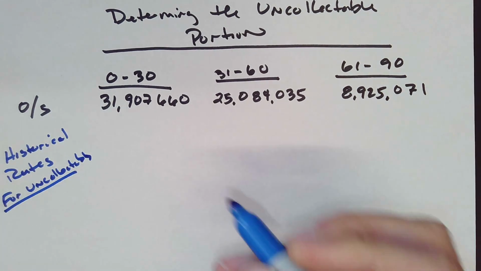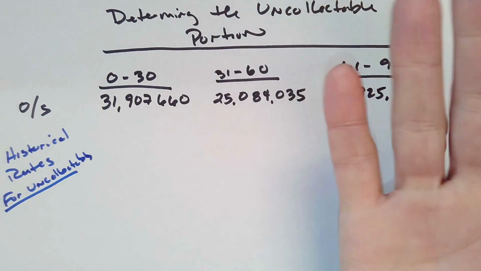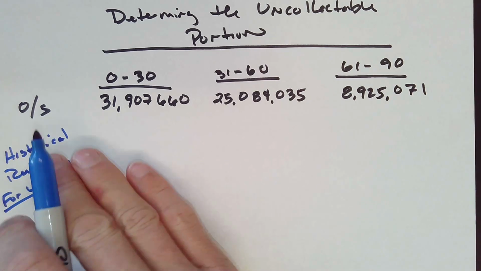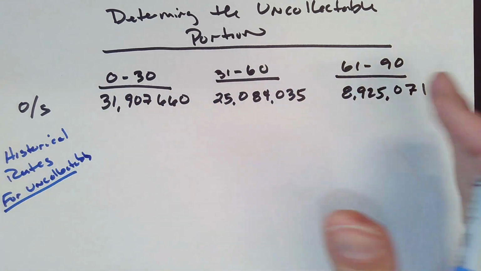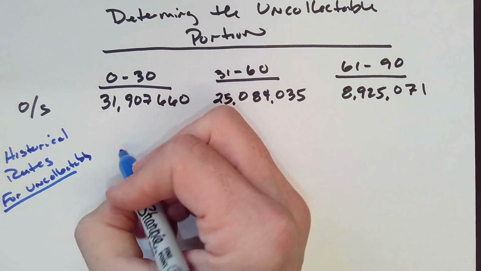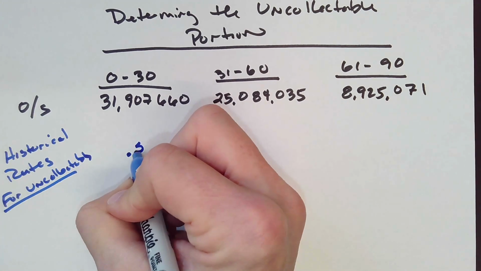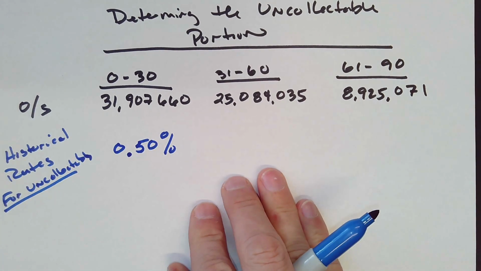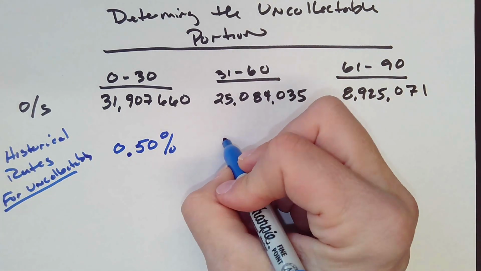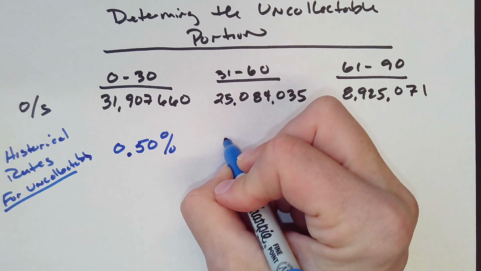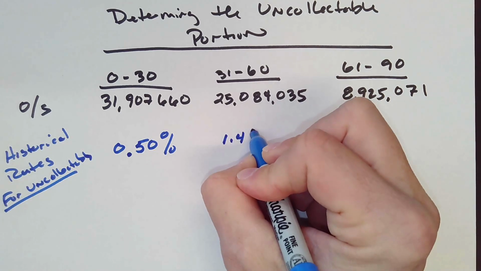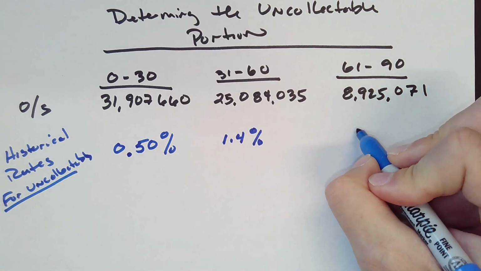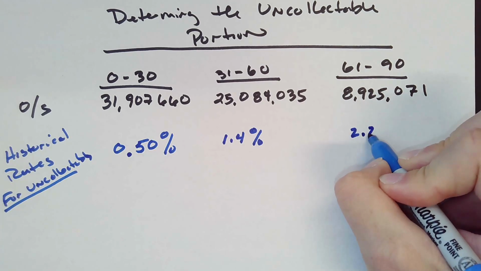In the 0 to 30, I'm going to come up with these, they're random. I don't have data to support any of this, but in an organization I would hopefully have data to support each of these. In the 0 to 30, we're going to say 0.50% is ultimately deemed uncollectible. In the 31 to 60, 1.4%. And in the 61 to 90, 2.2%.